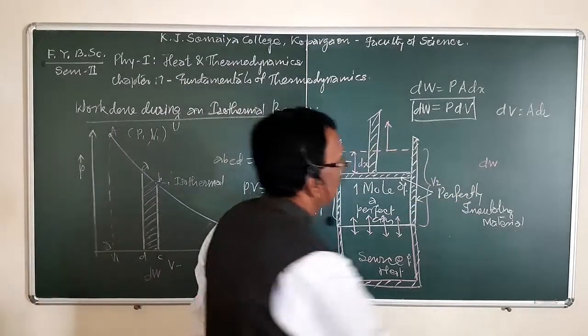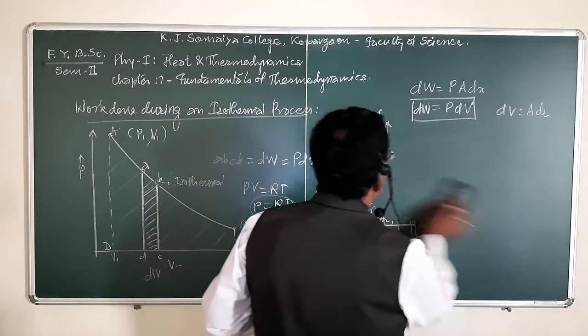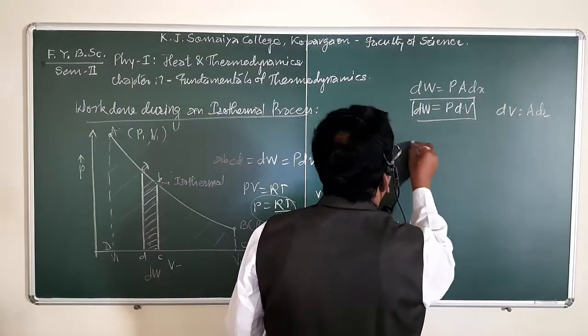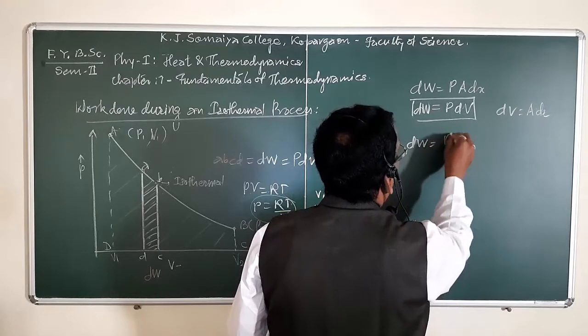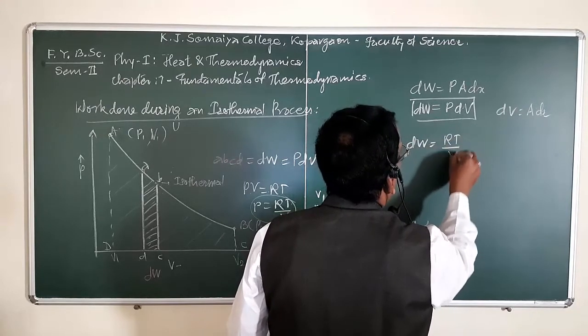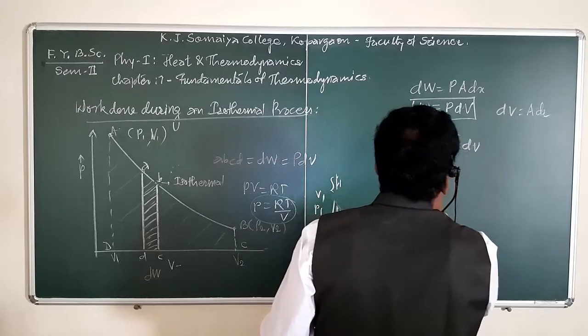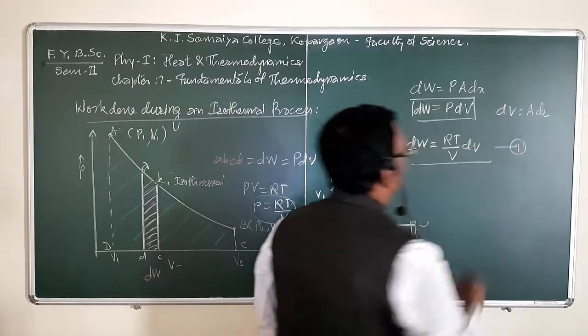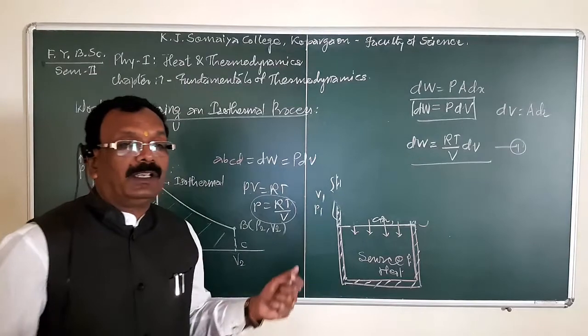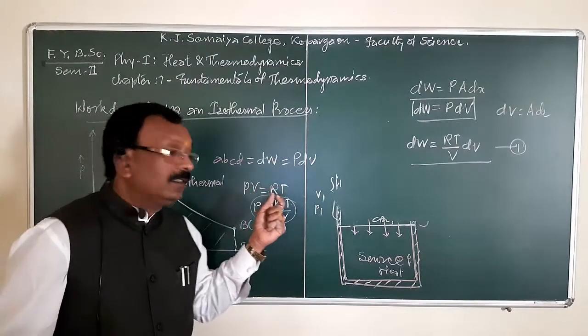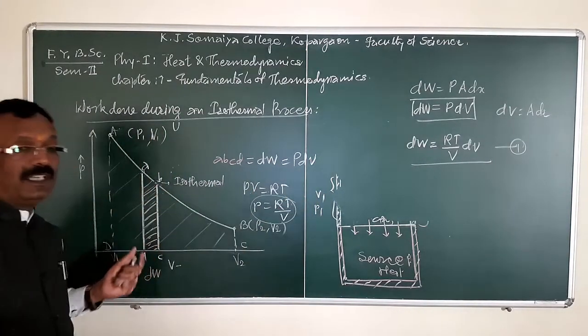We have dW is equal to RT upon V dV. This is the work done for this small change.